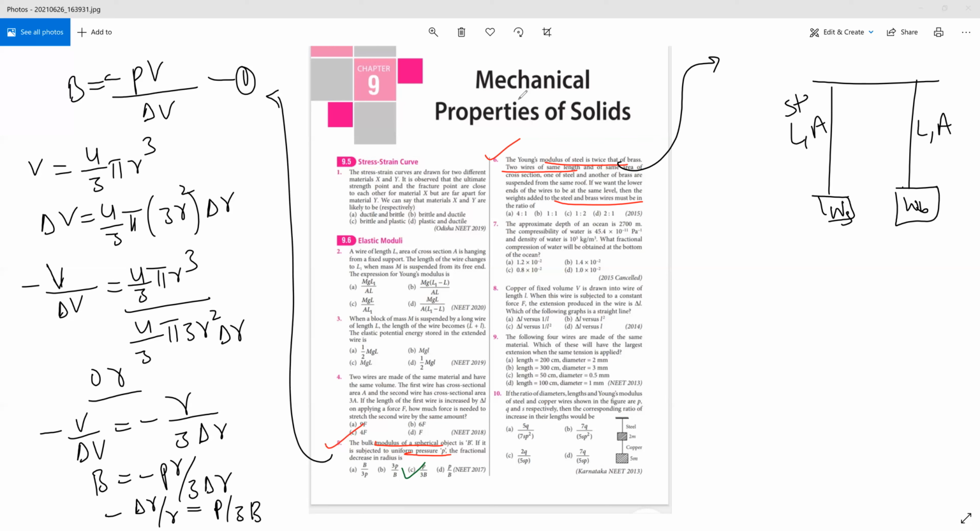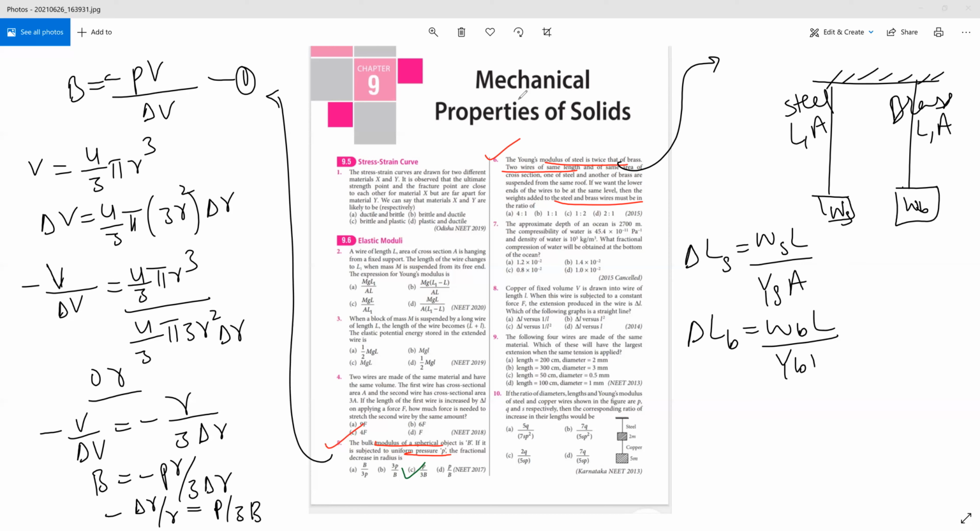This is for steel and this is for brass wire. And this is calculated as delta LS is equal to WS L divided by Young's modulus of steel into area. And that of brass is delta LB is equal to WB into L divided by Young's modulus of brass into area. But delta LS is equal to delta LB.